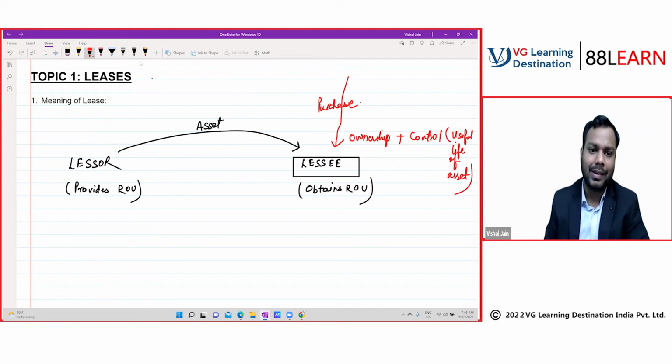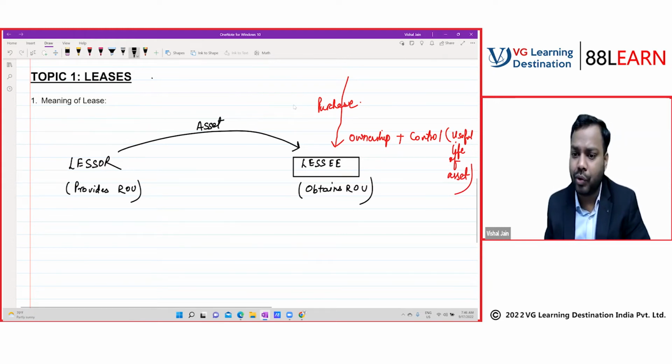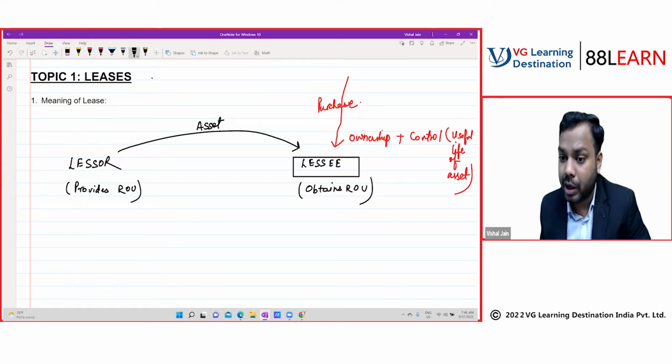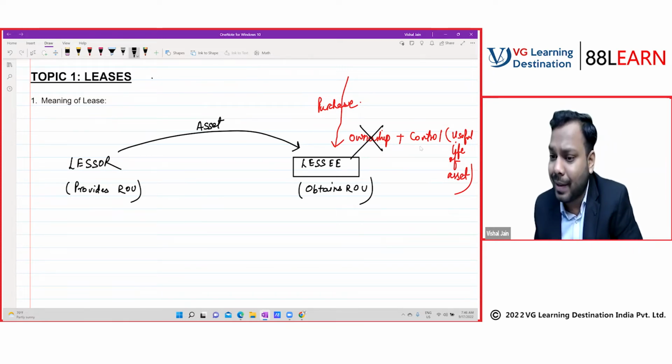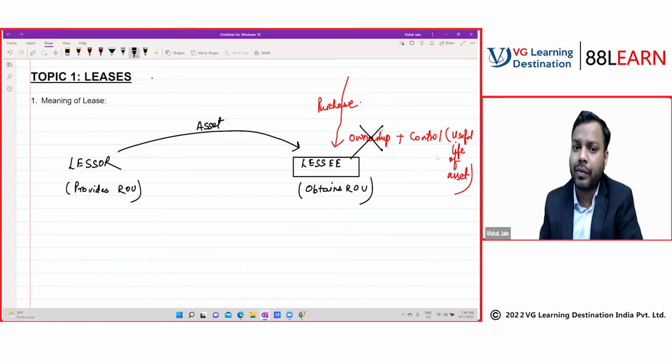But is that the case in case of a right of use? Will I get ownership? No, I will not get ownership. Will I get control? Yes, I get the control. But will I get the control for the useful life of the asset? No, then what?